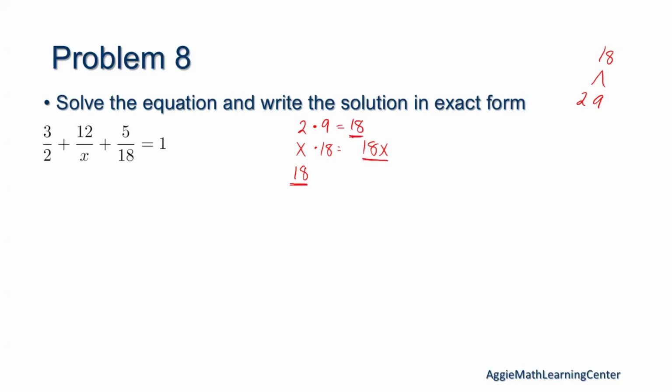So what can I do to these first two to make it look like this middle one? I think we could multiply by an x, right? Why not? So to change this one, I'm just going to multiply both the numerator and the denominator by x.